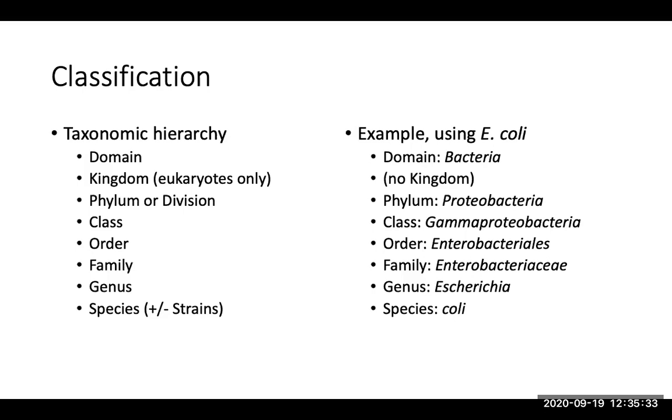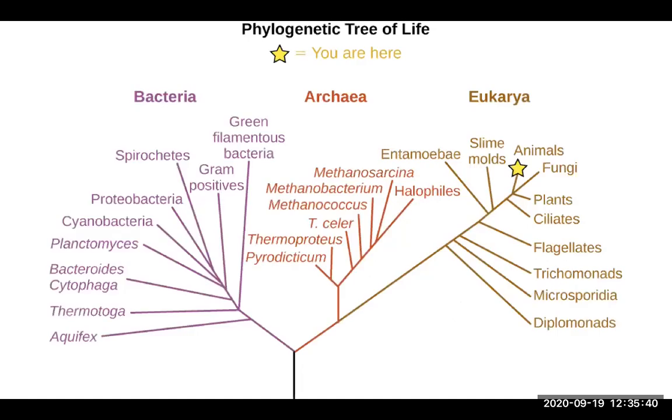Let's go back to the domains now and see, well, how did three domains come to be anyway? The three domains are shown here on what is called a phylogenetic tree. A phylogenetic tree is sort of like a family tree or an evolutionary tree that arranges different organisms based on how related they are to each other evolutionarily, or how similar they are to each other.